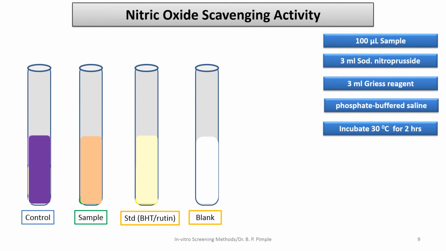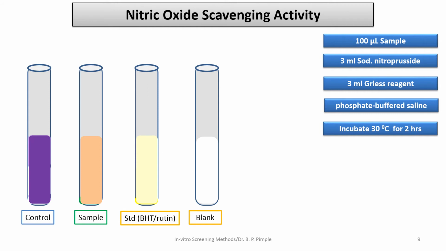Now, since in the control test tube there was no antioxidant, it has given rise to a very dark colored solution. In case of the sample, since we had low antioxidant potential, it has given a slightly dark color, and in case of standard, there is very little color or it is colorless.